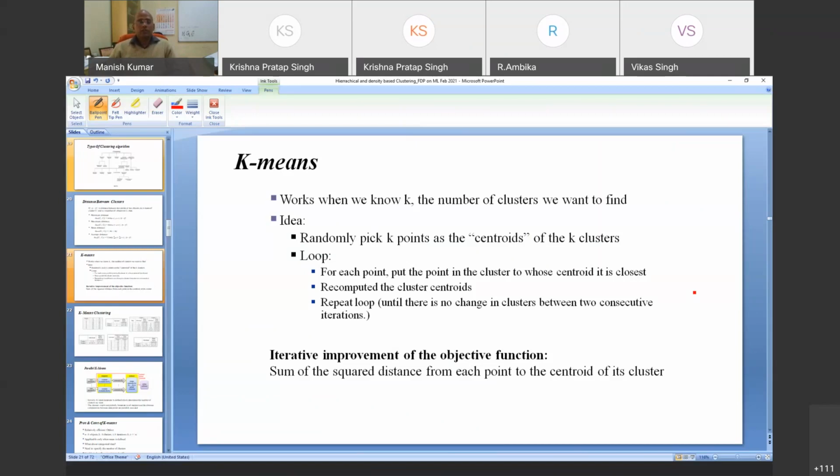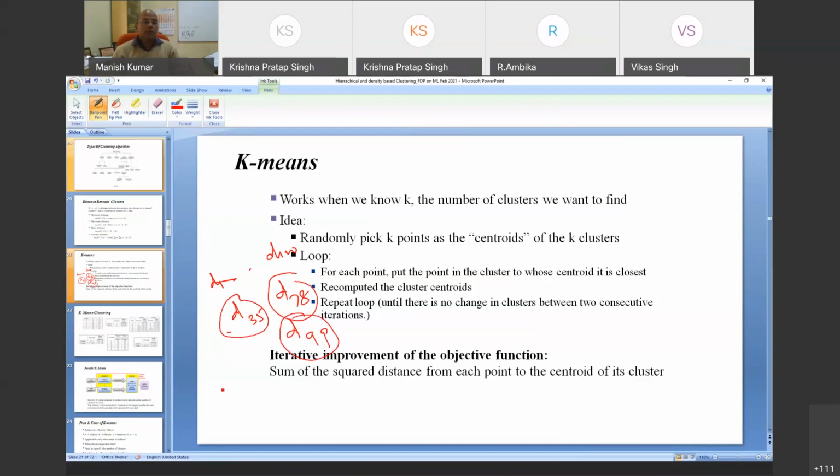Suppose you have data points, say D100, there are 100 points. I can choose randomly, say D35, D78 or D99, as mean points or centroids for the 3 clusters.